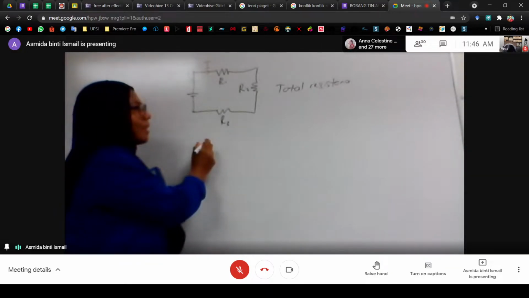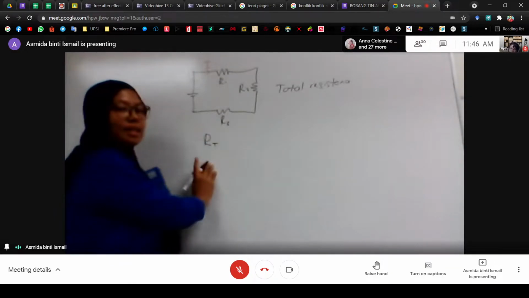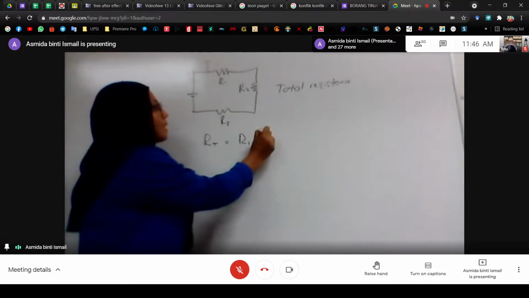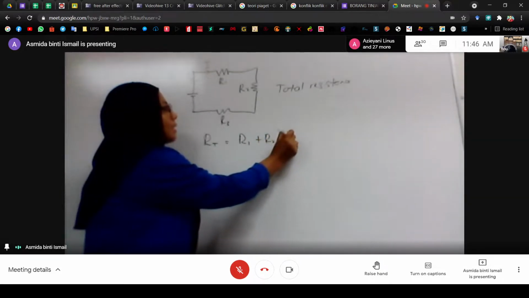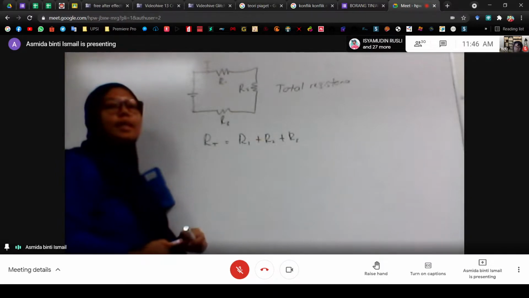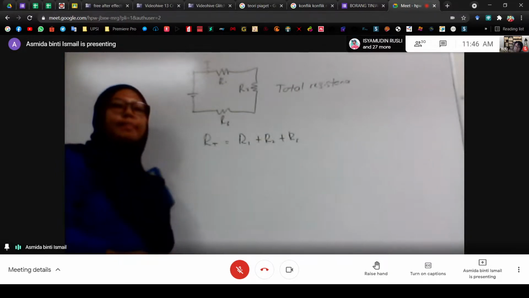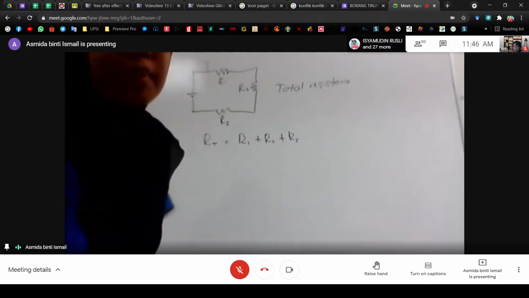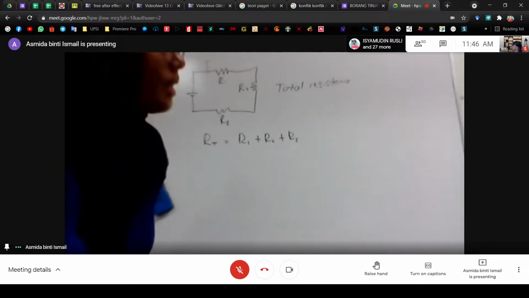So total resistance RT is equal to R1 plus R2 plus R3. Macam in your slide, RT is equal to R1 plus R2 plus R3.